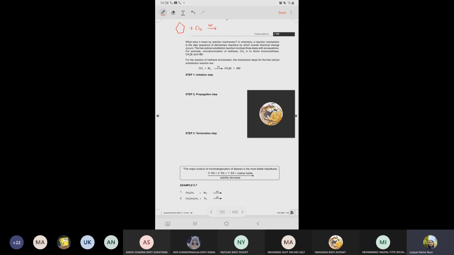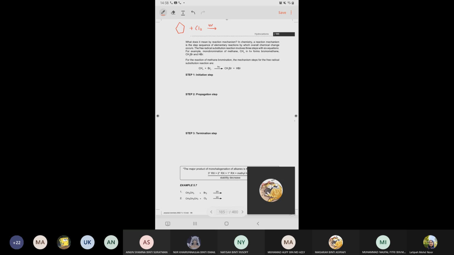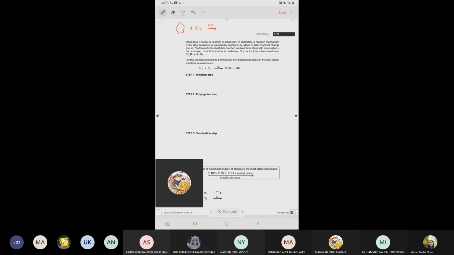what does it mean by substitution? Dalam bahasa Melayu apa? Substitute? Ganti. Tukar ganti. So what is substituted here? Actually, at each carbon in cyclopentane, we have 2H.